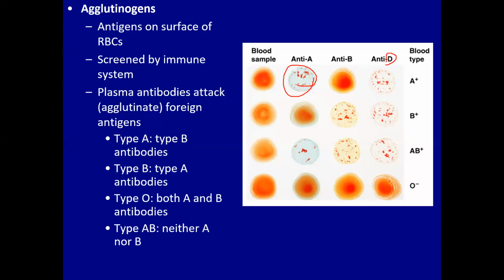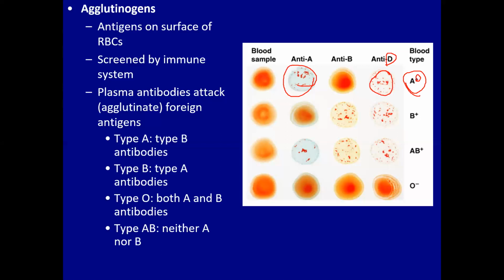Remember, D is the same as Rh, so you're either Rh plus or Rh minus. All of these blood types are plus because the first three blood types, because they're plus, that means that there's going to be an agglutination reaction because it does have the D antigen, and this is anti-D.